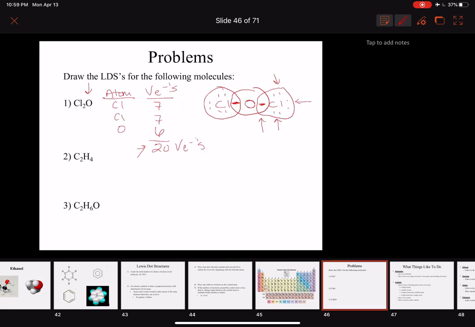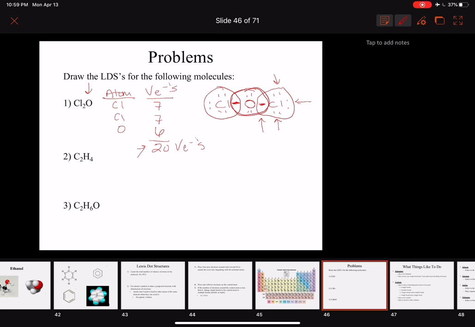So let's put the 4 leftover electrons on oxygen right there, and then we can see the oxygen has 2, 4, 6, 8, so it's got its octet. So we've used up our 20 valence electrons, and everybody has their octet, so we've got a winner here.